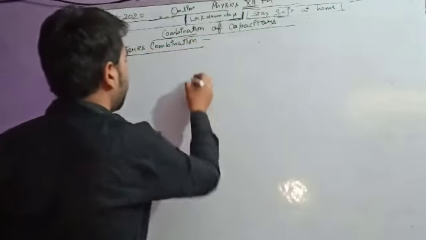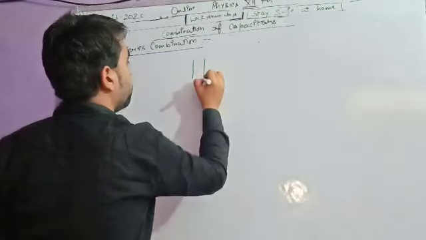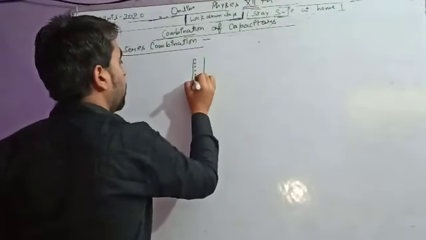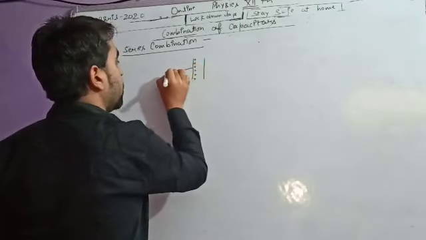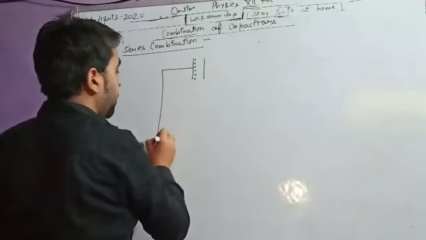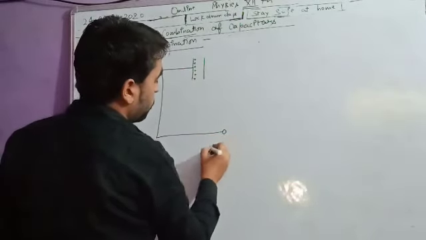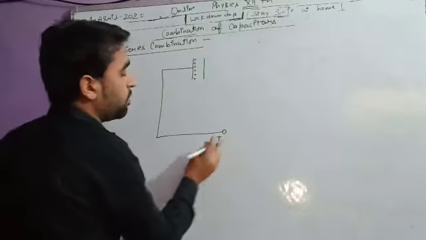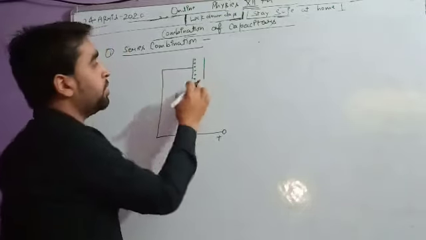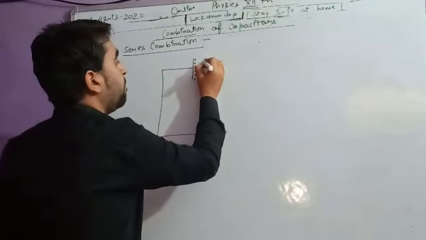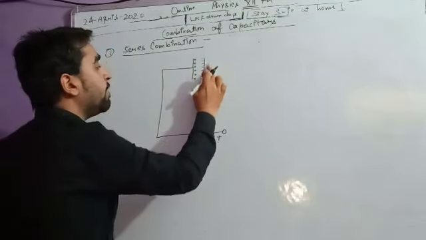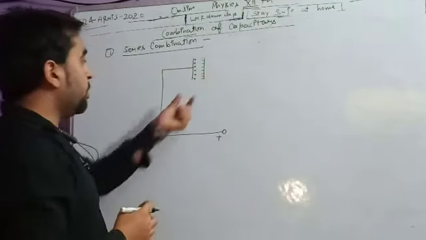Suppose I have a capacitor, and say this plate is positively charged. How can this plate be positively charged? When it is connected to a positive potential. So this end should be positive, and because this plate is positively charged, the second plate will become negatively charged, because an equal amount of negative charge will be induced in this plate.